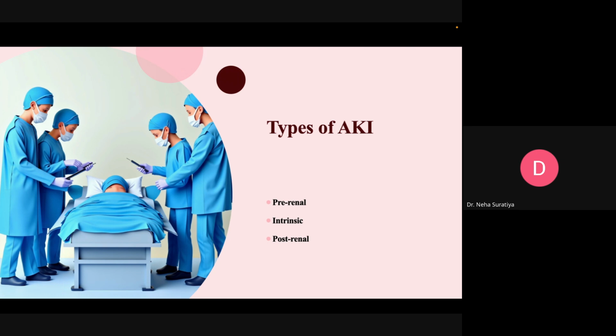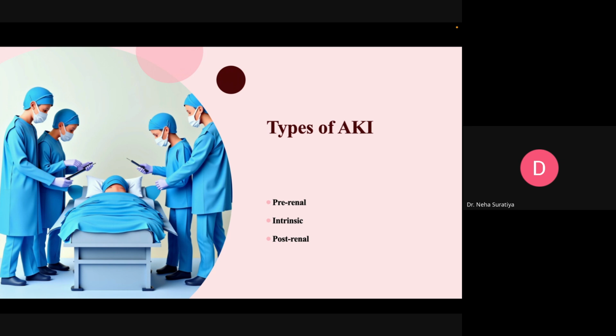So that can be situations like acute tubular necrosis. Some nephrotoxic drugs like aminoglycosides directly trigger intrinsic AKI, aminoglycosides, right? And post-renal means obstruction, kidney stone, prostate enlargement, and those types of cases.